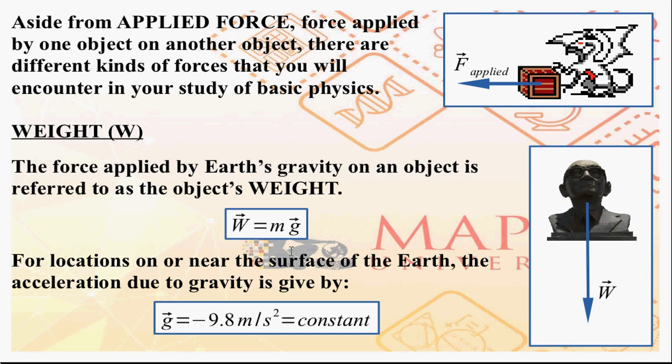That means the weight of the object is always heading vertically downwards, heading towards the ground, or heading towards the negative y direction. As long as you know the mass of the object, you know the weight of the object, and vice versa. If you know the weight of the object, you know the mass of the object. Because W is just equal to mg.